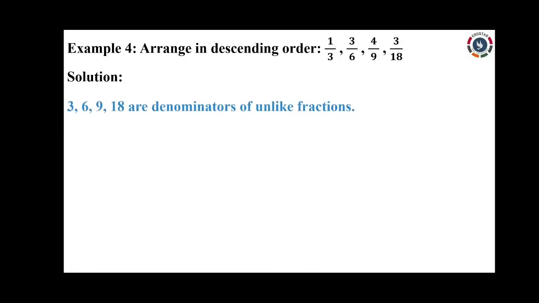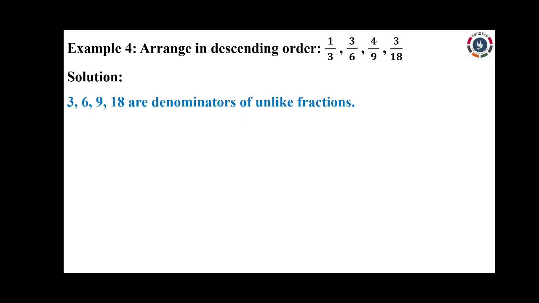Number 4. Arrange in descending order 1 by 3, 3 by 6, 4 by 9, 3 by 18. Solution. Here the given fractions are unlike fractions. Unlike fractions with different numerators, we cannot compare. So we have to convert the unlike fractions into like fractions.